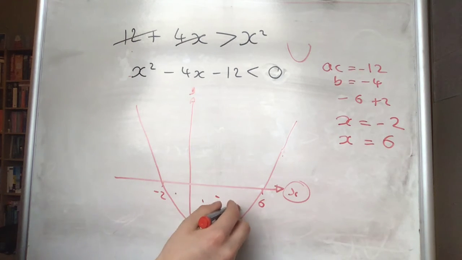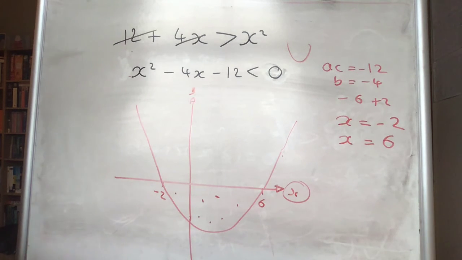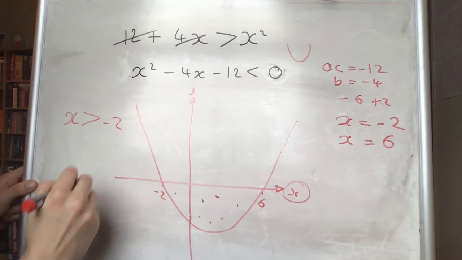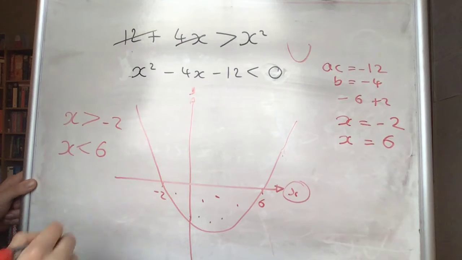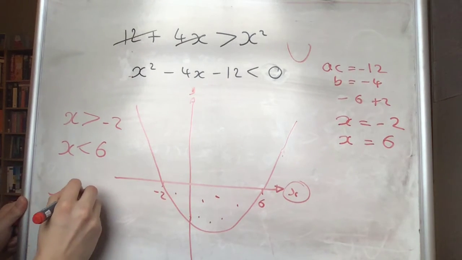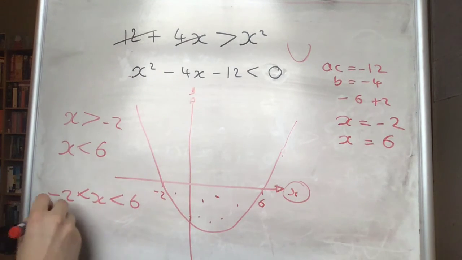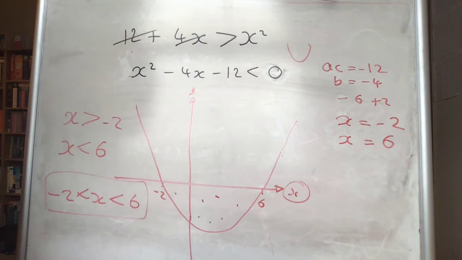And this region in here, which is captured by our curve, is what we're looking for. So we're looking for the region where x is greater than minus 2, and x is less than 6, which can also be written as minus 2 is less than x is less than 6, and that is our solution, because it is within that given region there.